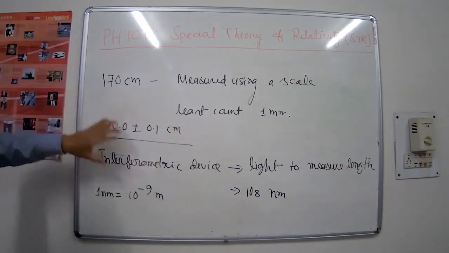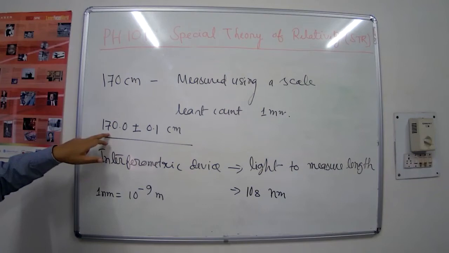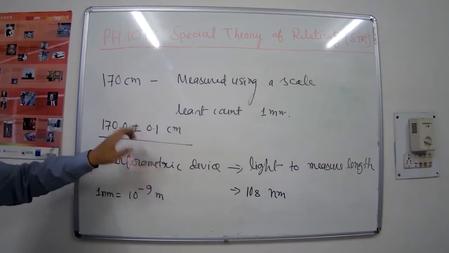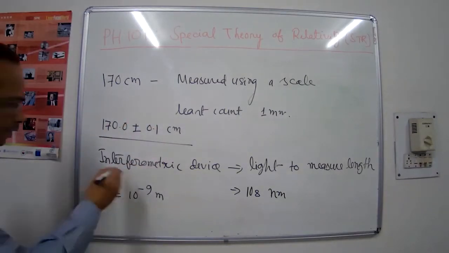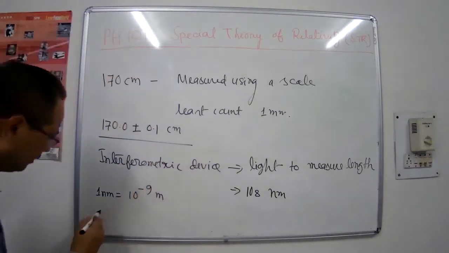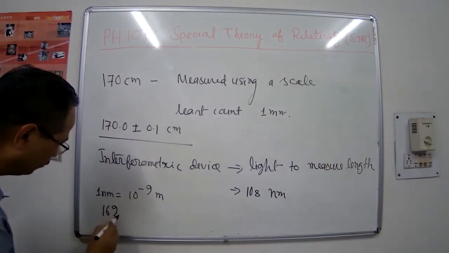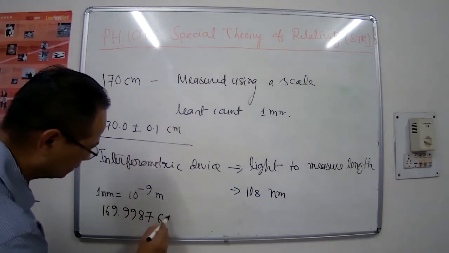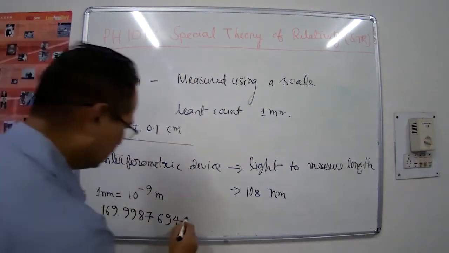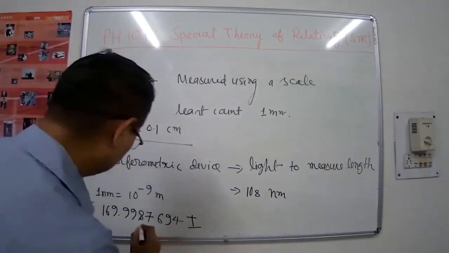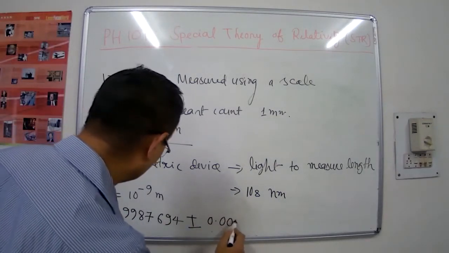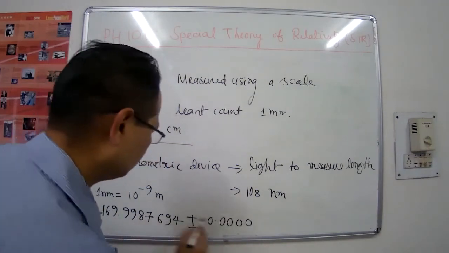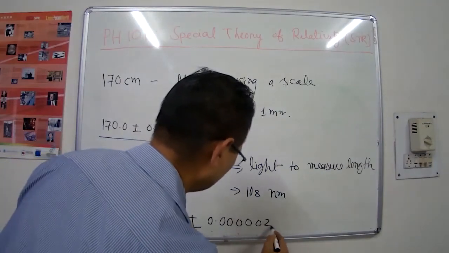But when, let's say, you are getting the length of a person to be 170 plus minus 0.1 centimeter, and suppose you have used the interferometric device and that device is eventually giving the value to be, let's say, 169.9987694 plus minus 0.00001 2 3 4 5, something like that.